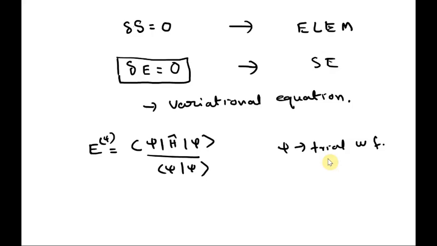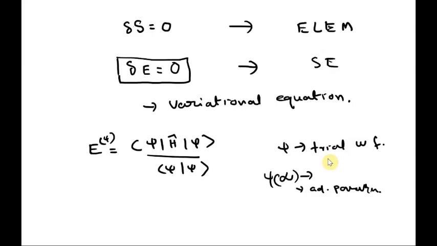We will vary the adjustable parameter on that wave function, something like psi of alpha, where alpha is the adjustable parameter. We have to make this quantity stationary by adjusting the parameter alpha.